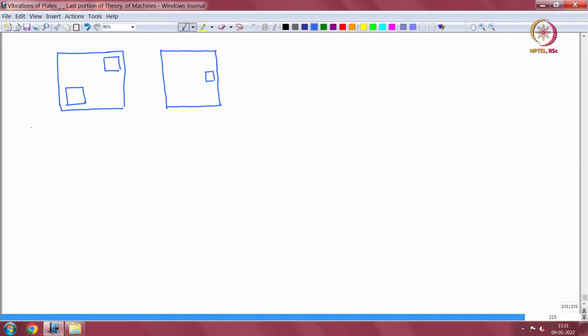So this paper discusses the Rayleigh Ritz method for such plates, and they do, I think, a comparison.